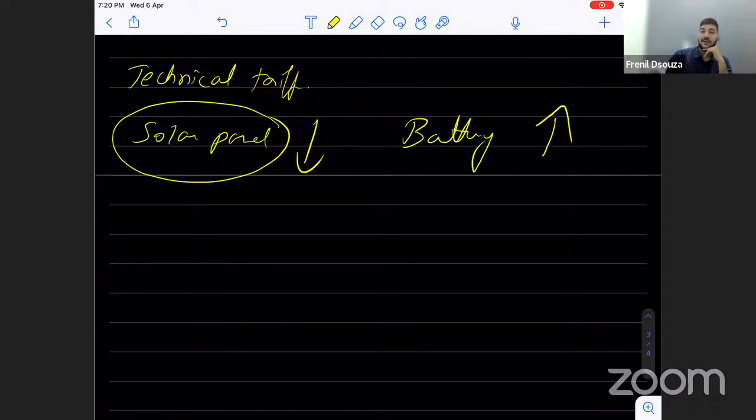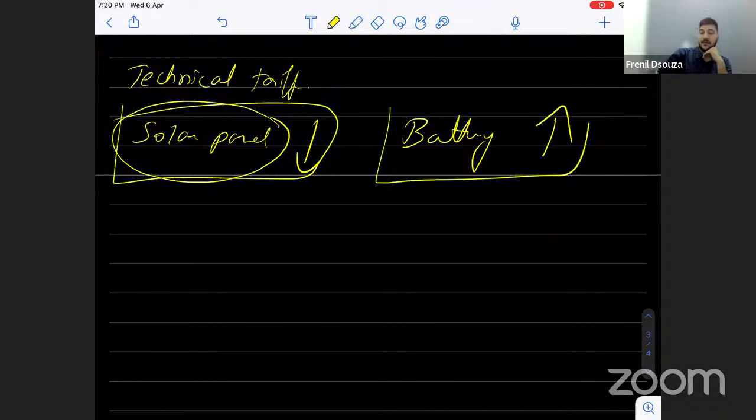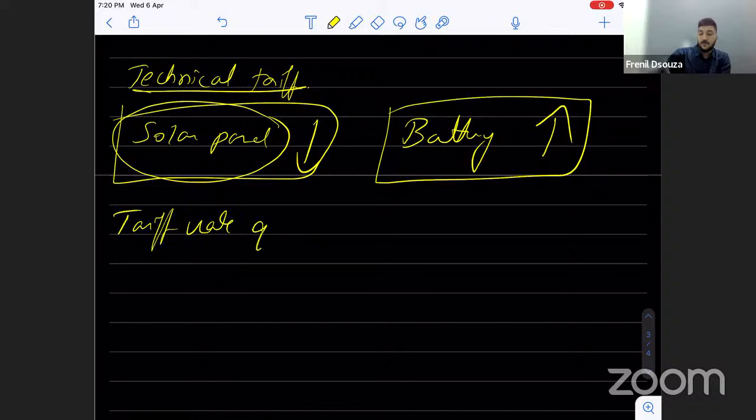Now why is that? There are a lot of reasons, because solar panels will help you in sustainable energy, whereas batteries are manufactured in every country, hence the taxes are more. Here, technical tariff means what? I'm going to break down on the basis of specific content of the imported goods, and I'm going to charge tax on the same.